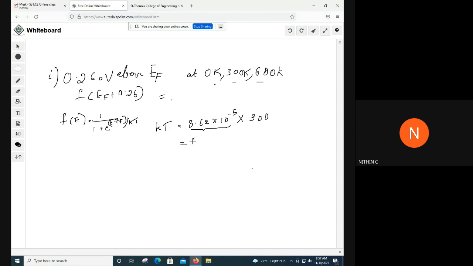Yes, 0.026 you can approximate. 0.026 electron volt will be the kT value at T equal to 300 Kelvin. So you can substitute that.